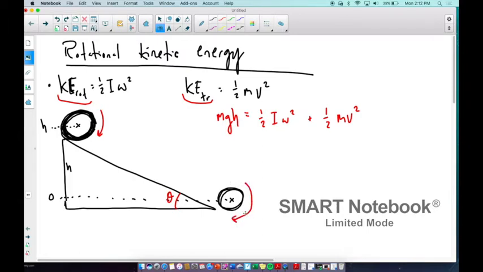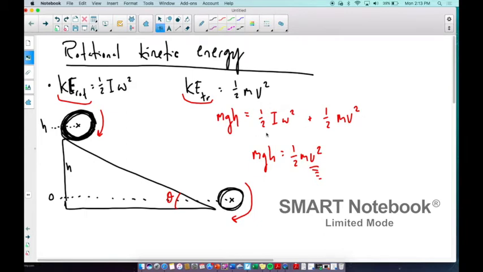We can see that by including this rotational energy term, all the object had access to was gravitational potential energy at the beginning. And so if we ignored rotational kinetic energy, we would just write this. And we would get a velocity there. If we solved for the velocity down here at the bottom, we get a velocity bigger than we're going to get in this analysis.